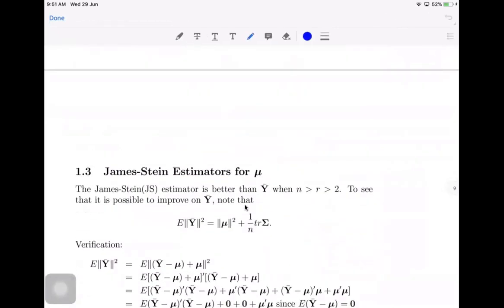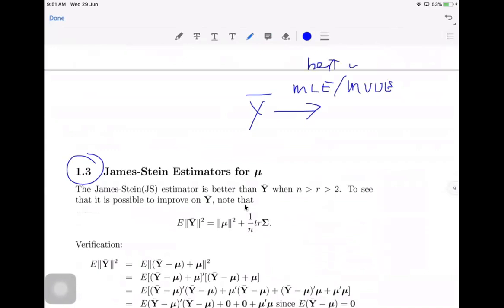Next week, we are always talking about Y bar to be the MLE, MVUE, best invariant for mu. So is Y bar the best among the best? But according to James-Stein, Y bar is only good for certain conditions.